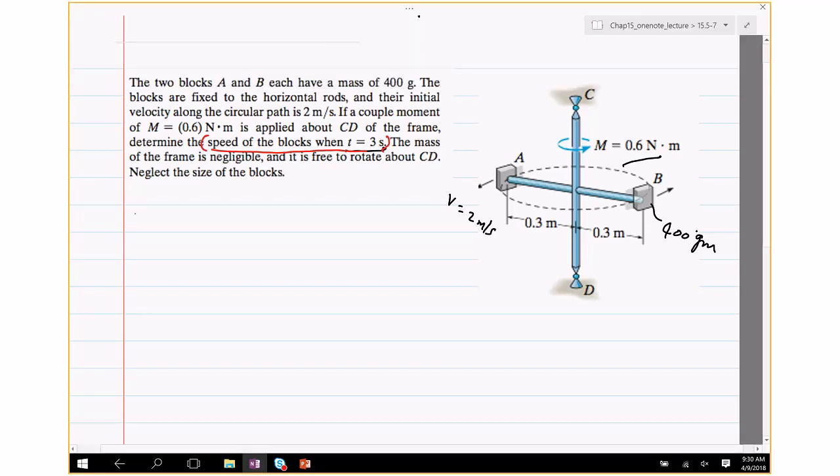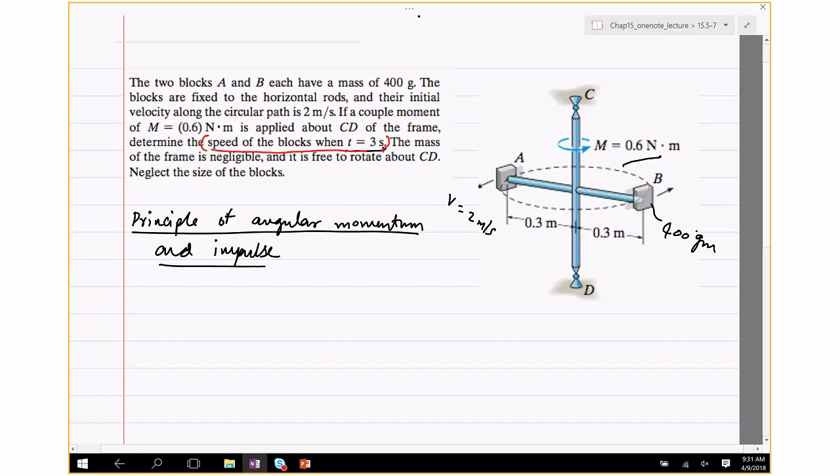So the principle of angular momentum and impulse states that the initial momentum plus the integral of M dt equals the new angular momentum.